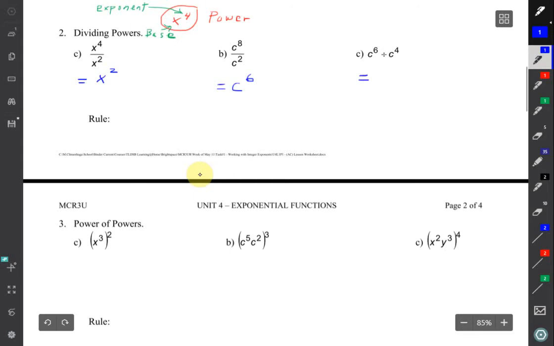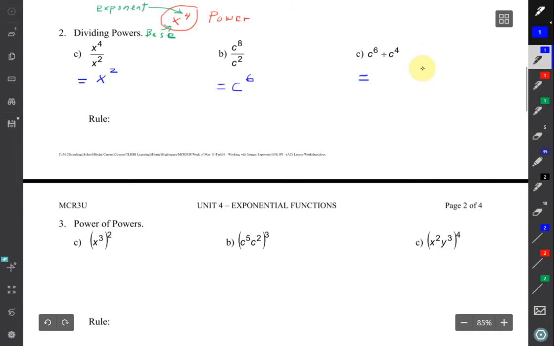And remember that fractions are just a form of division. Notice how the division sign looks like a fraction. So c to the 6th divided by c to the 4. Again, we're dividing, we're subtracting the exponents, or we're canceling 4 of these c's with 4 in the numerator, or 4 in this dividend, this number being divided.